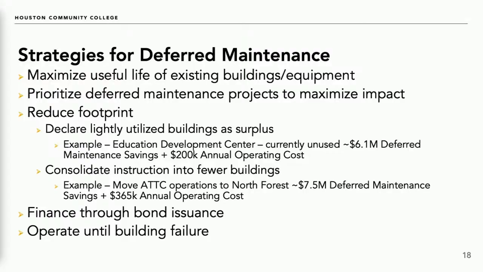Similarly, you have ATTC, the Automotive Technology Training Center at Northline, and then at North Forest you also have an automotive center. If you consolidate the 2 of those, that removes some deferred maintenance and some operating costs. The other way commonly people address savings is through financing of a bond, or you operate until buildings fail.